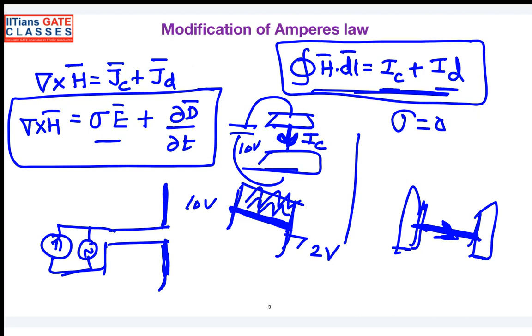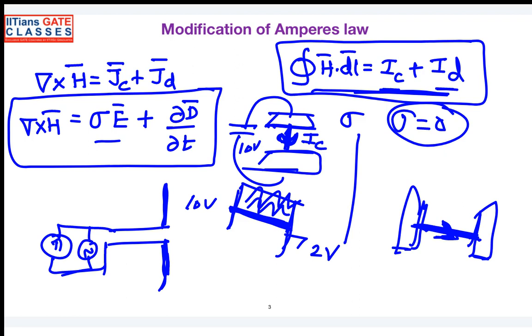But in practice, what will happen? Whatever dielectric is present between the conductors starts conducting because of its finite conductivity. An ideal dielectric should have conductivity zero, which should be a non-conducting medium. But if you take practical dielectrics like ceramic and paper, all these are dielectrics, right?